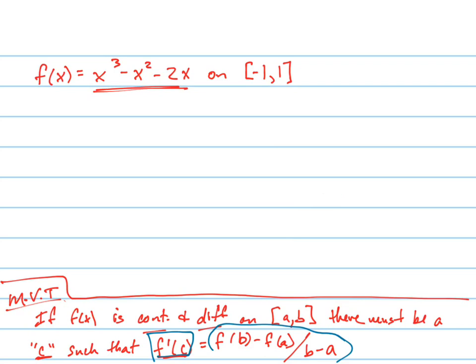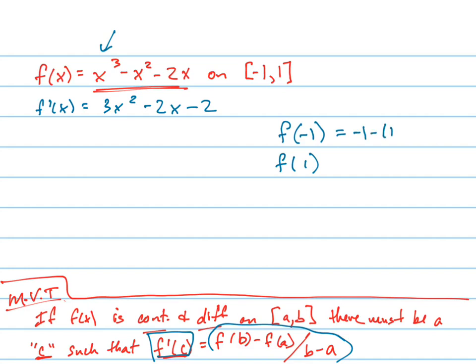So first the question is, can I use it? And the answer is yes. So how do I find it? Take the derivative. So f prime of x equals 3x squared minus 2x minus 2. Find f of -1 and find f of 1. So f of -1, remember I'm plugging it into f. f of -1 is going to be -1 minus 1 plus 2.